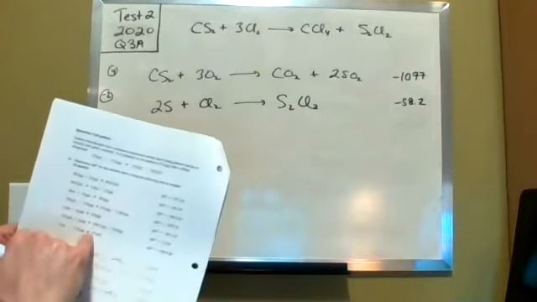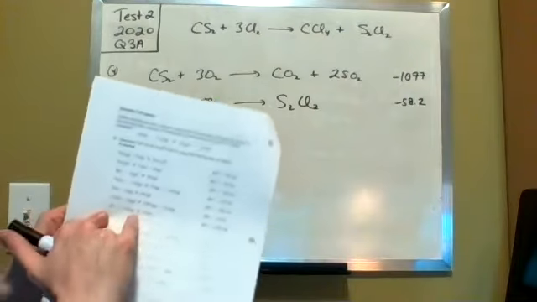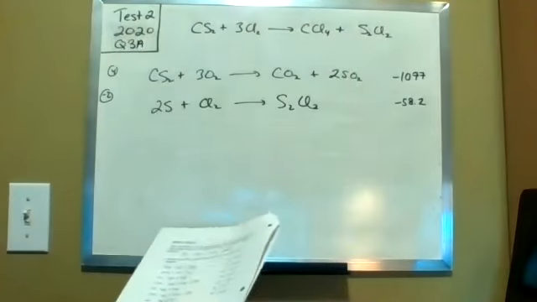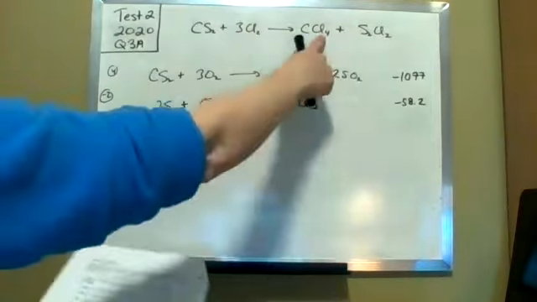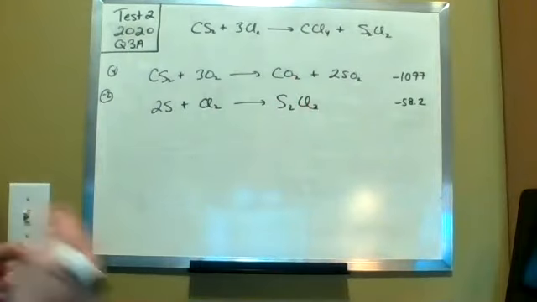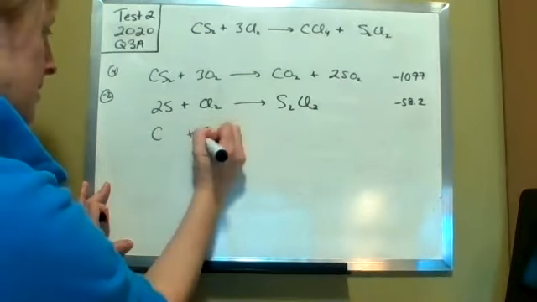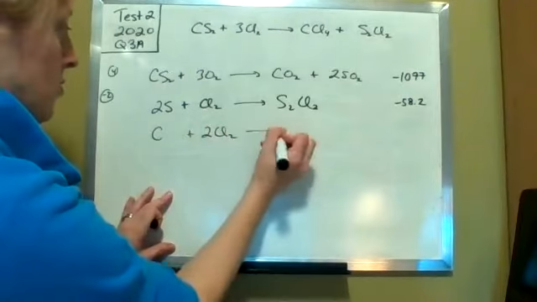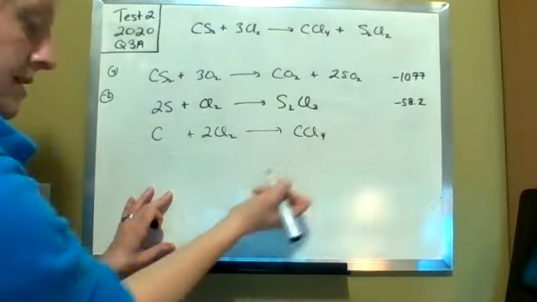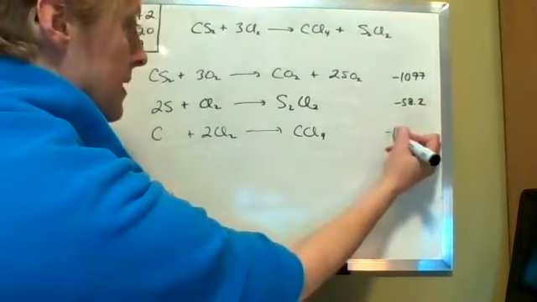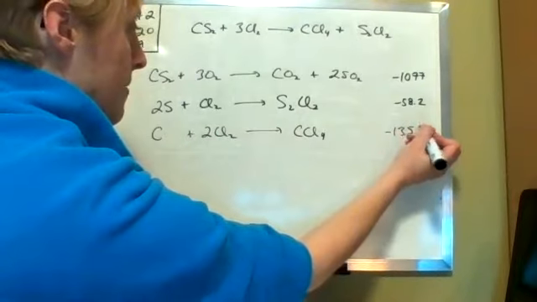So a good bet would be to use equation 7 on there. And we can use it as is because we want 1 mole of CCl4 to be produced. So we have C plus 2Cl2 going to CCl4, and that value is minus 135.4.